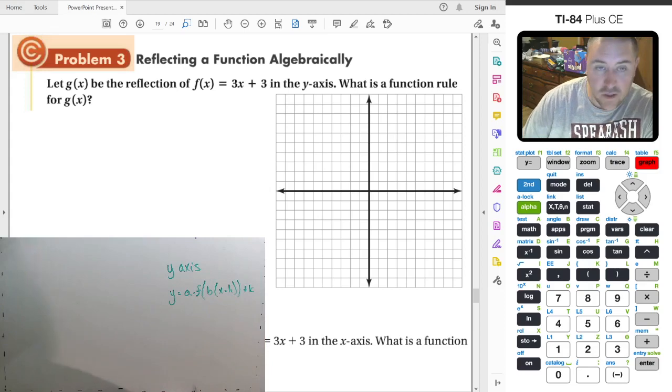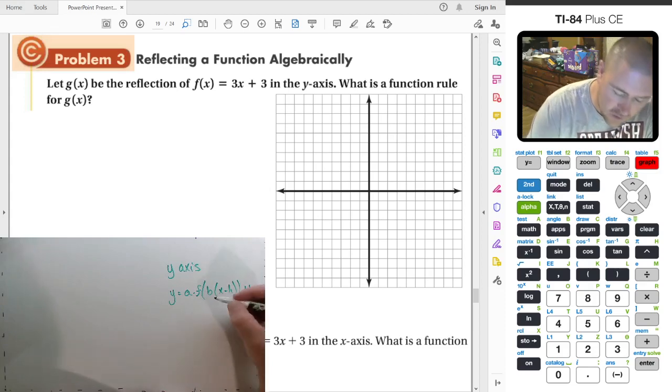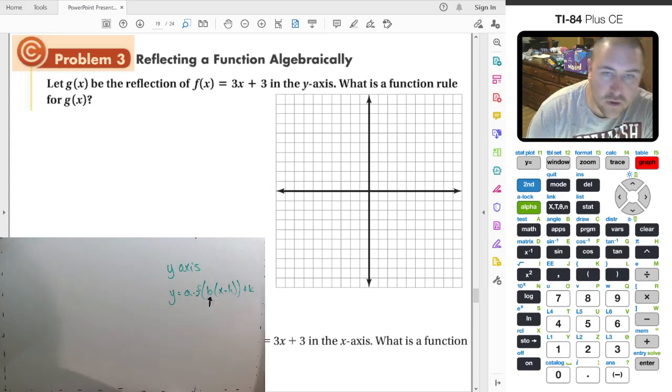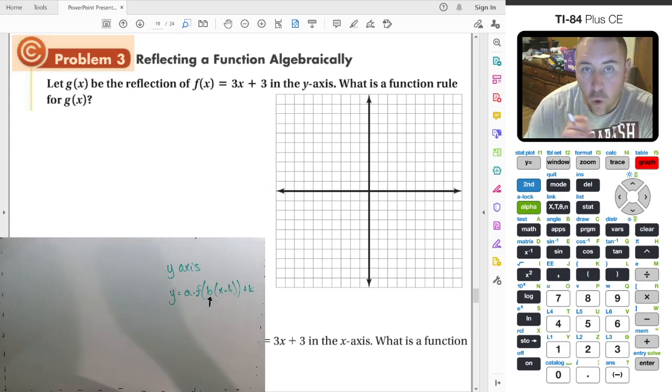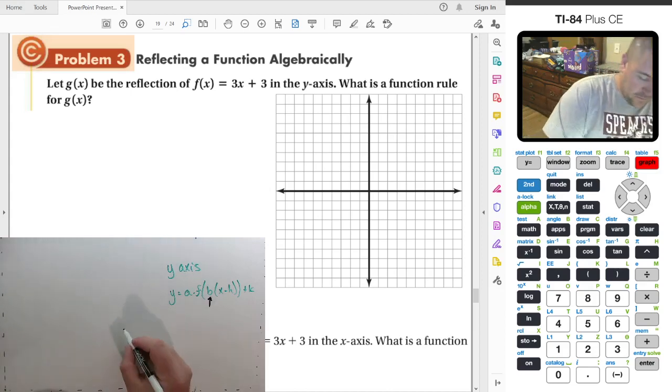Okay, we said reflected in the y-axis means I'll put a negative in the b spot, meaning grouped with only the x. So here's the difference.